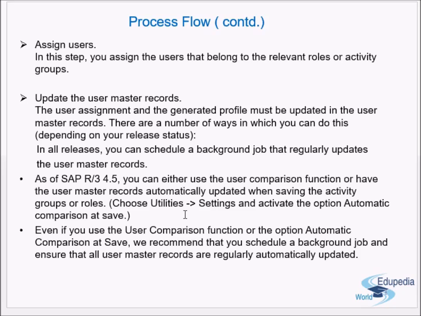Because it's manual work, sometimes some may forget, or it's skipped in some way. So the best thing is to schedule a job to run periodically to update these user master records. That takes care of everything.